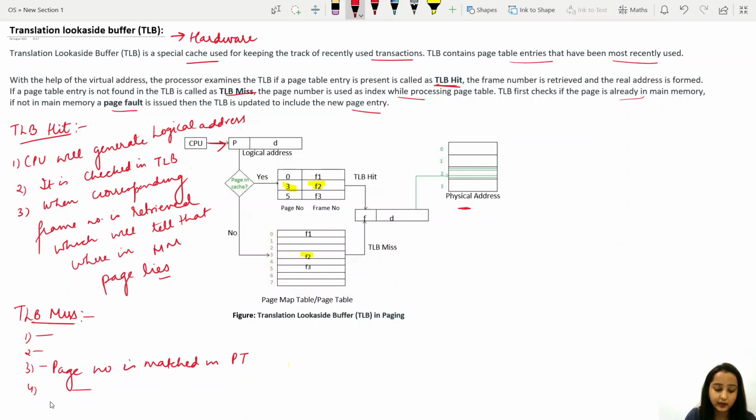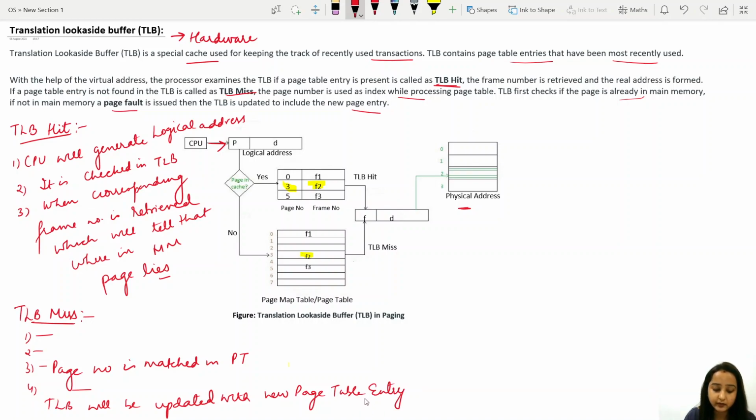Next step, the TLB will be updated in the end by checking the corresponding frame number. Then the TLB will be updated with the new page table entry.